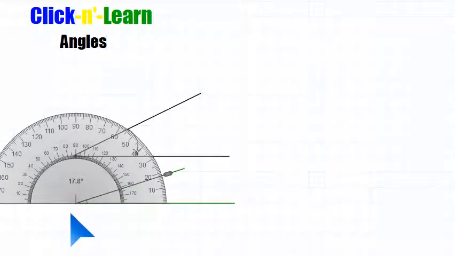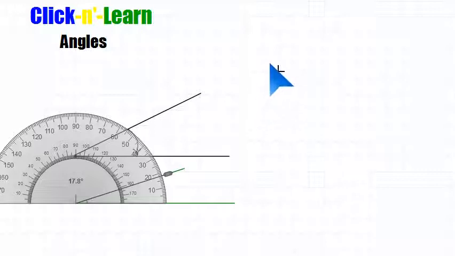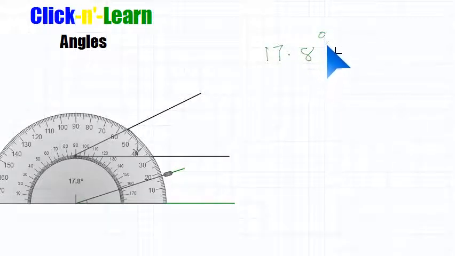And we note it says here 17.8 degrees. In other words, angles are measured in degrees. 17.8 degrees. This circle here is a symbol for degrees. And you note where it is. It's the top right hand corner of the number. And this symbol here replaces the word degrees.